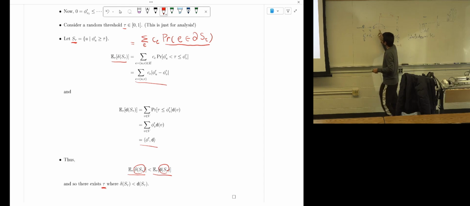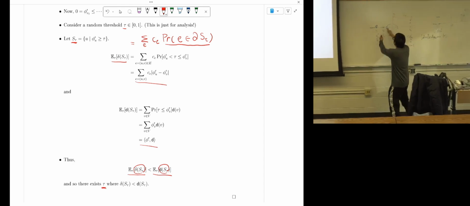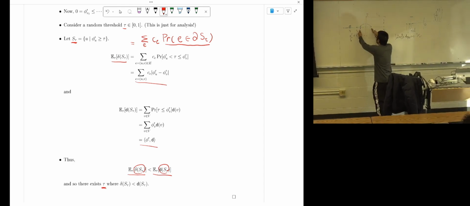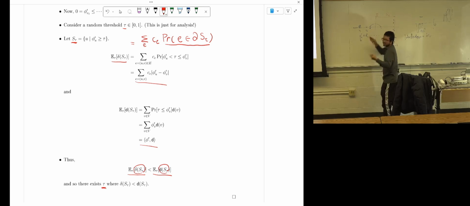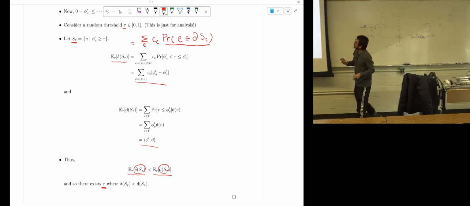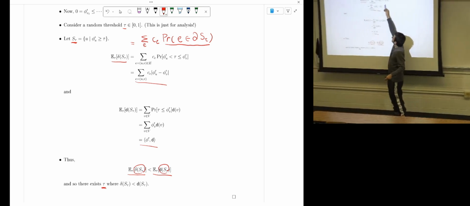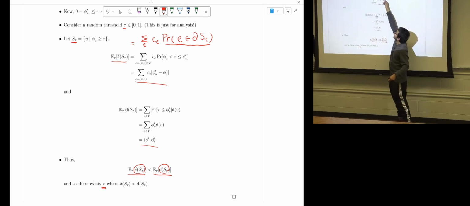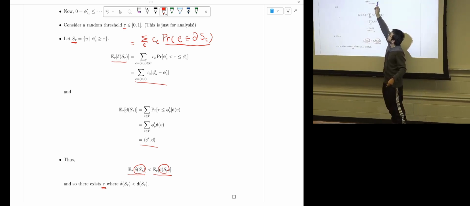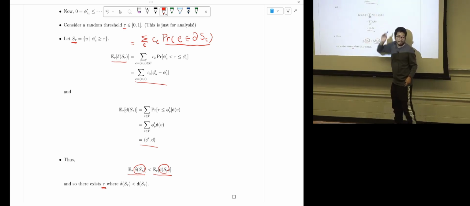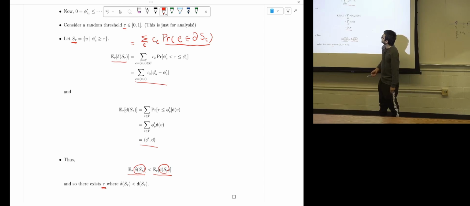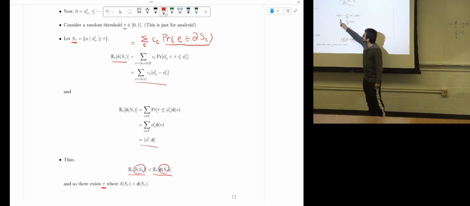So this probability is just the distance between the potentials over the total distance, which is just one here. So this probability is just this distance. Okay, so that's our expected cut size. And now what's this?